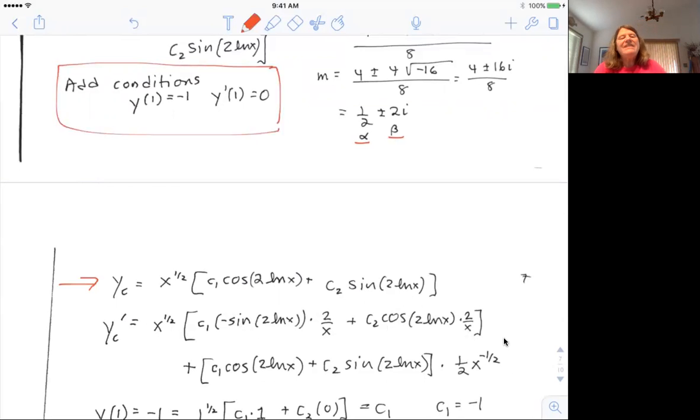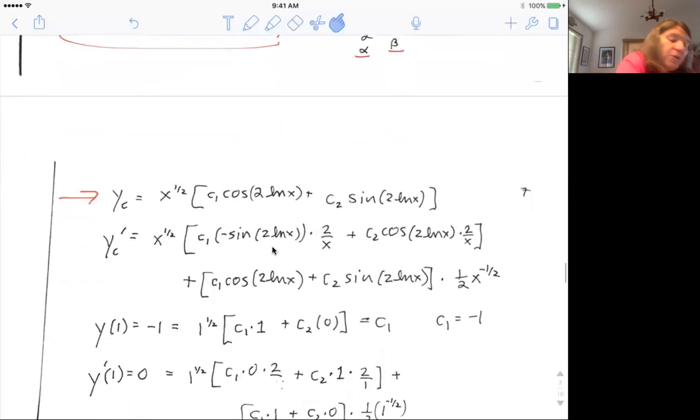So these get kind of messy because the original solution is messy. Yc is kind of messy. So I need that derivative. That's all I need. For a second order equation, I need two conditions to use. So one of my conditions was that y of 1 equals minus 1. So I take the y here, and I just plug in 1.